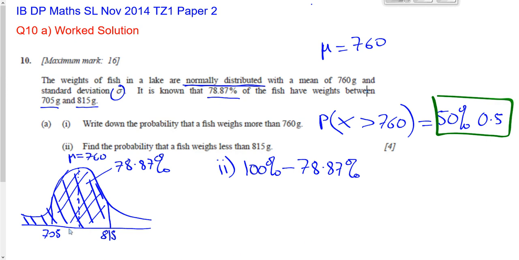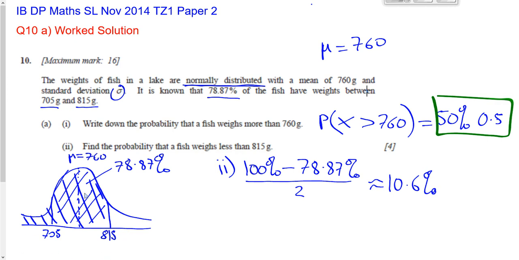And then I want to add this extra little bit here to what we already know, so we only need half of what's left over. So I'm going to divide that by 2. If we do that, we'll have approximately 10.6%. So this represents 10.6%.